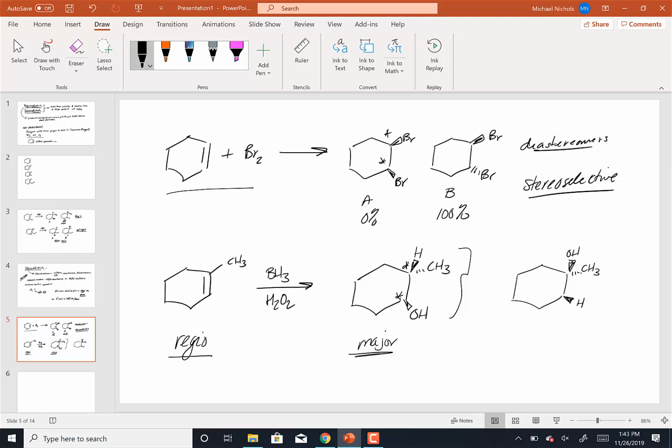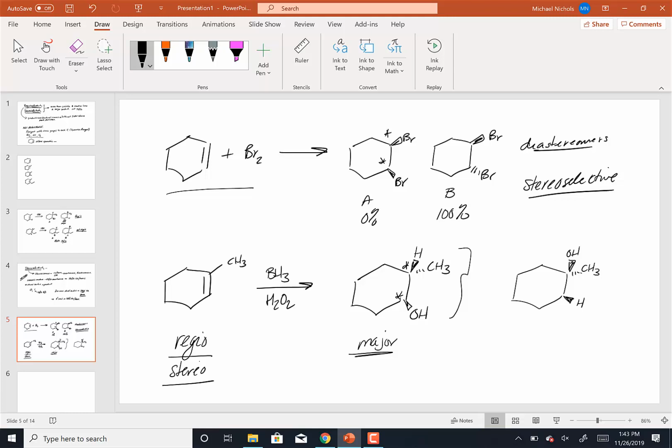Yes. So this reaction is not only regioselective, it is also stereoselective. And I have to put a caveat in here. It is regio and stereoselective in making the major product. In making the anti-Markovnikov product, it is regio and stereoselective.